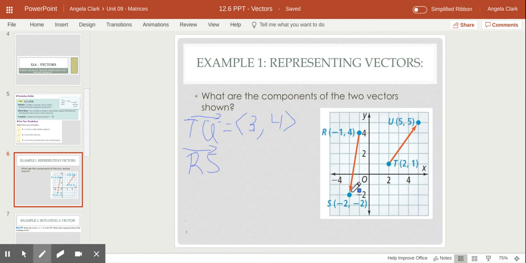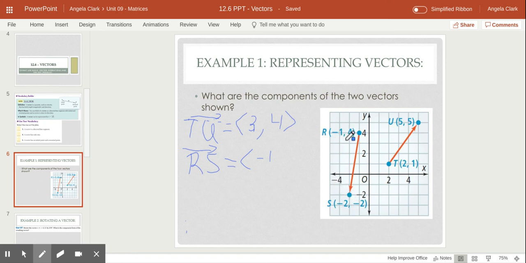We are going to do the x direction first. So -1 minus -2. So we're going 1, right? But we're going 1 to the left. So right and left matter, right? We're going to the left. So that's the negative x direction, so it's -1. And you'll get the correct sign, by the way, if you do head minus tail.